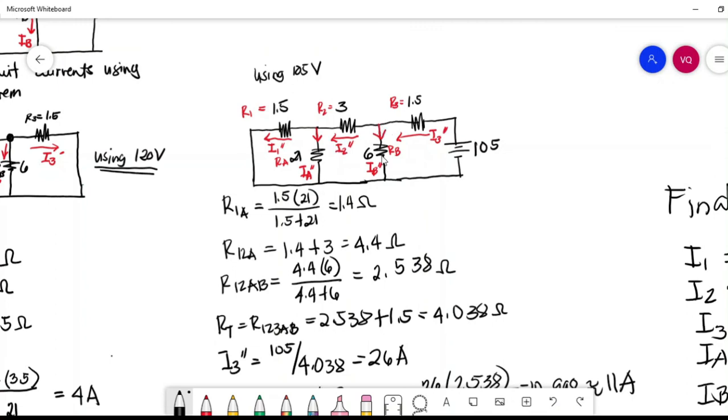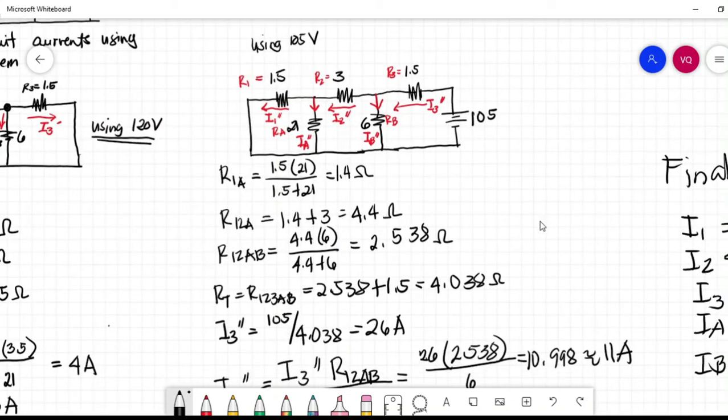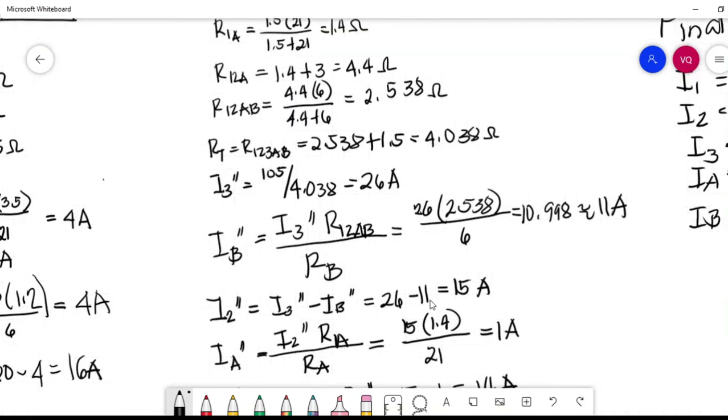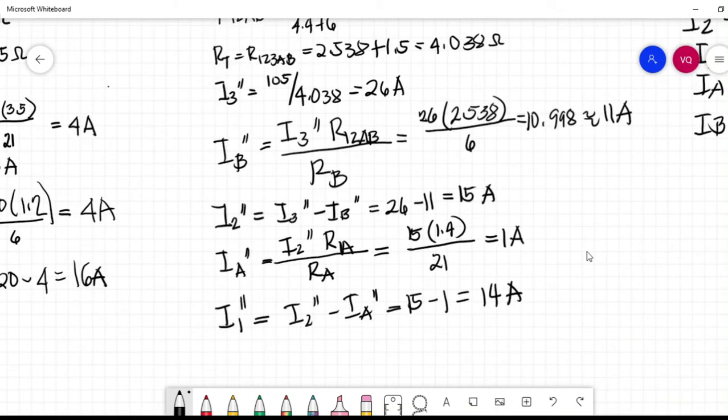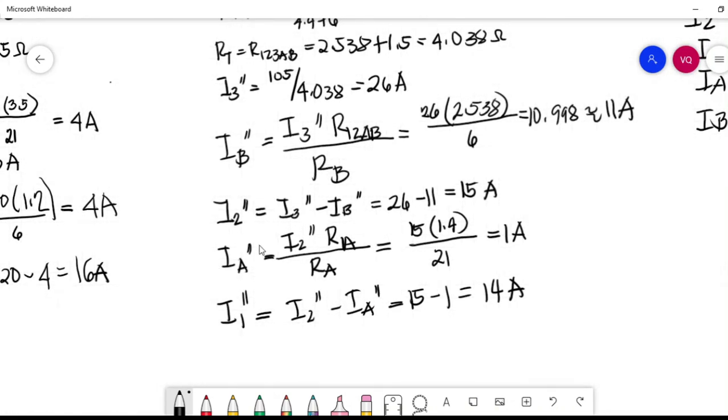So I2 double prime is equal to I3 double prime minus IB double prime. That is equal to 26 minus 11, 15 amperes. By CDT, IA double prime is equal to I2 double prime times R1A divided by RA. So that is equal to 1 ampere. I1 double prime by KCL, I2 double prime minus IA double prime is equal to 14 amperes.